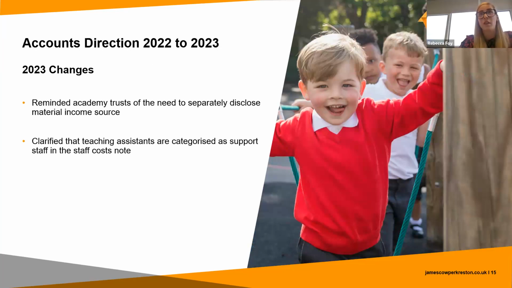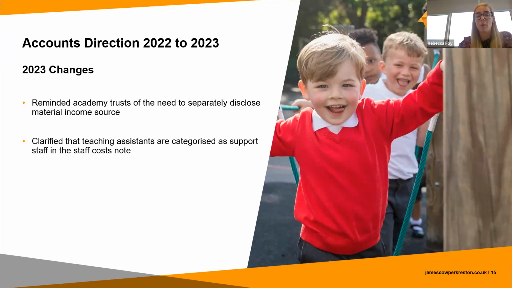And then looking at just the last couple of points for the 23 changes. One of them is the disclosure of material income streams. The ESFA still remains the largest source of income to the trust, with GAG being the highest income stream. Per the model accounts, this was already required to be disclosed separately in the notes to the financial statements.